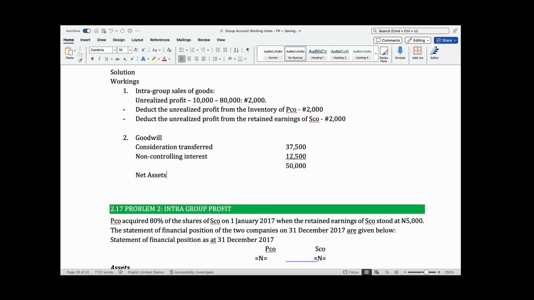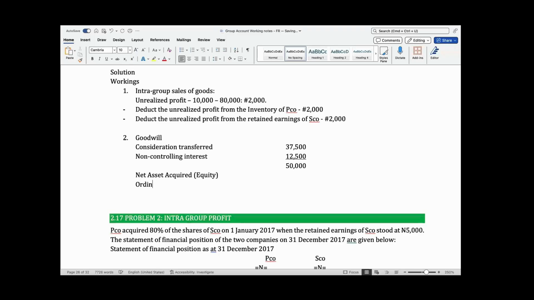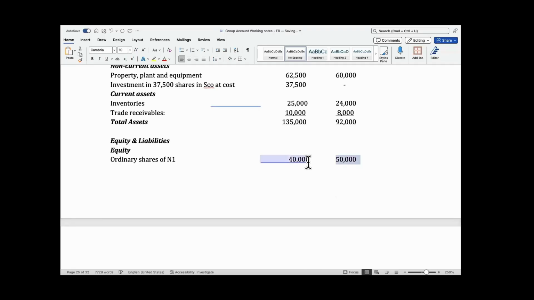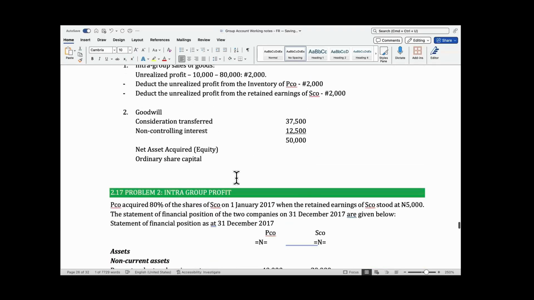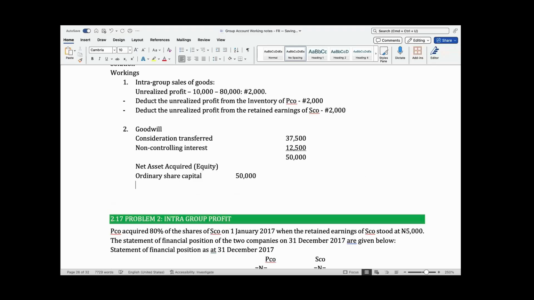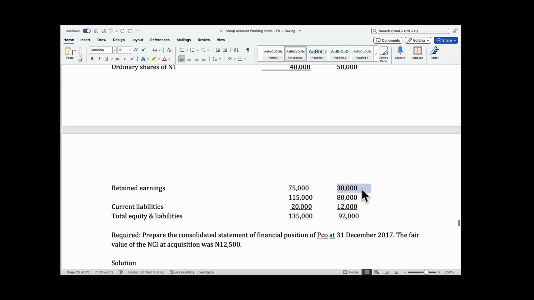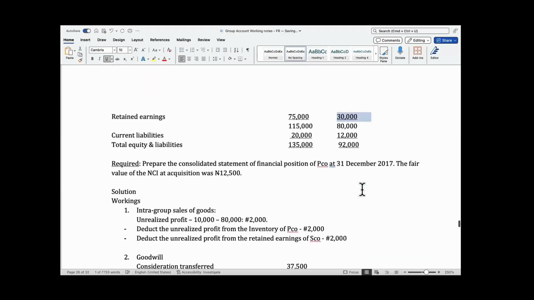We'll cancel that out against the net assets acquired at the date of acquisition, which is the same thing as equity of the subsidiary, which comprises the ordinary share capital. And what's the ordinary share capital of the subsidiary? 50,000. Against the pre-acquisition retained earnings of the subsidiary.